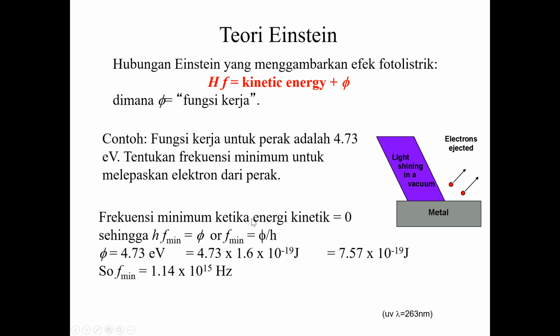The minimum frequency means the kinetic energy vanishes or equals 0. Then using the Planck formula, we get that the minimum frequency of the light should be 1.14 times 10 to the 15 hertz.